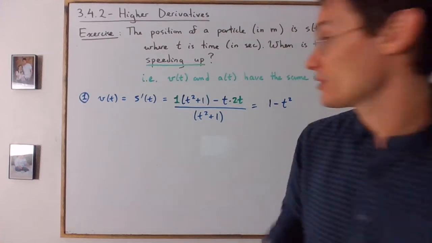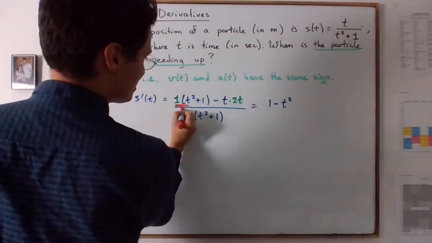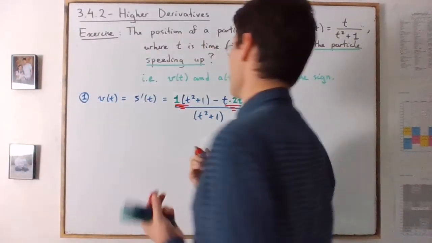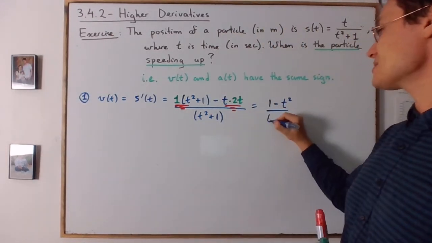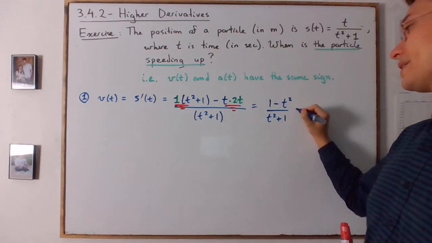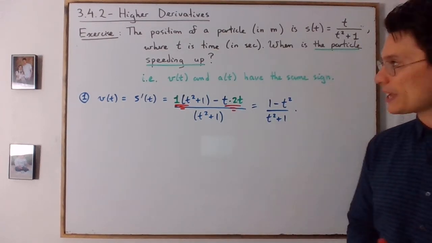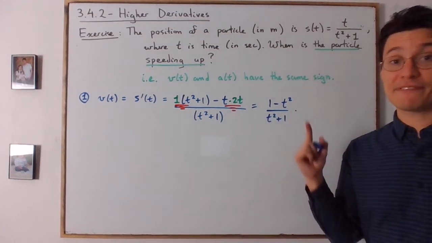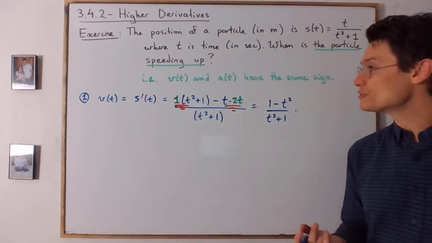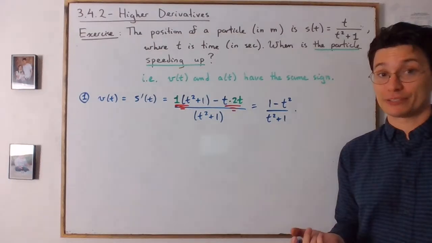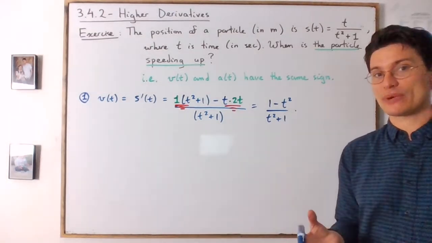I'm just going to underline them in red for you to see that they end up being like terms. And then divided by t squared plus 1. I could already find the zeros of that function if we wanted to, but we're going to do that after, when we deal with the acceleration.